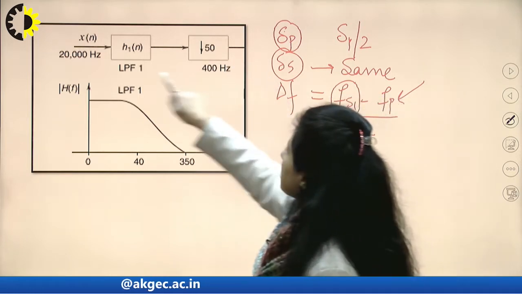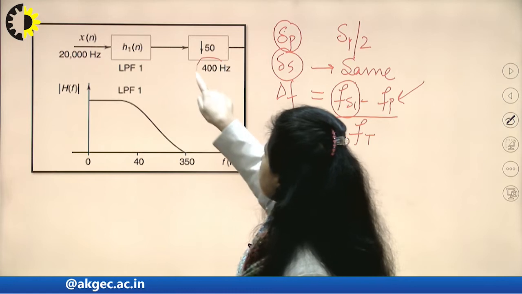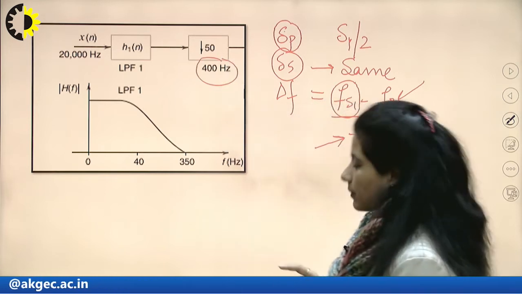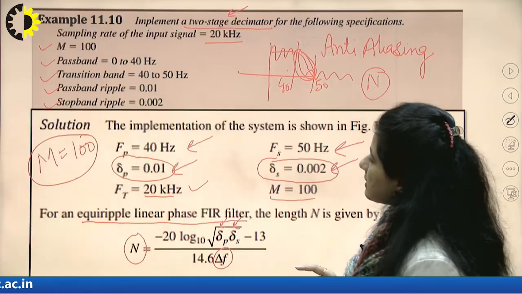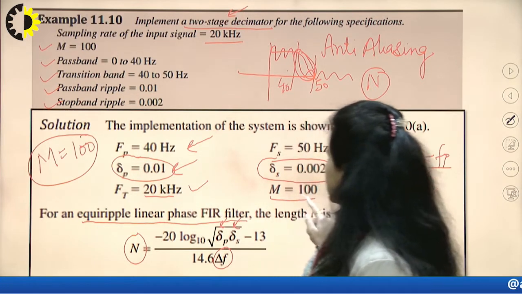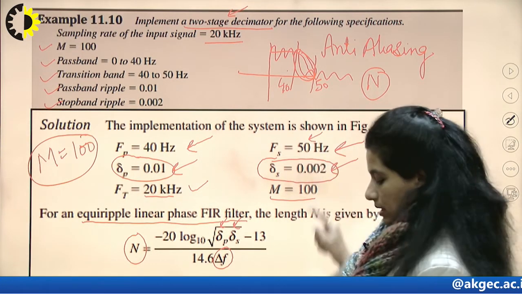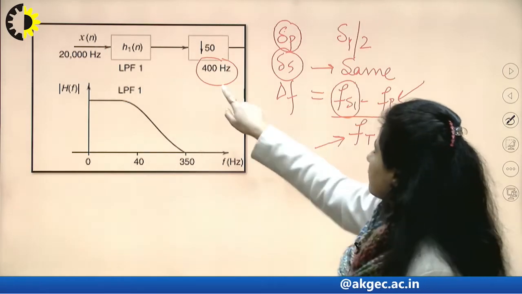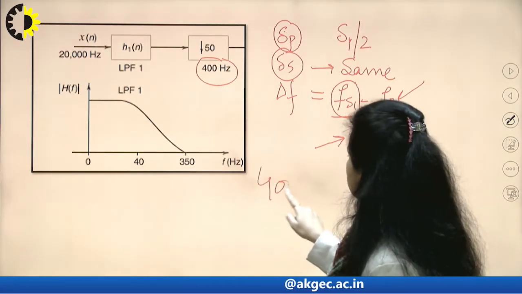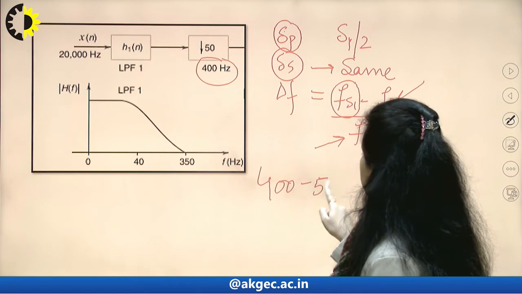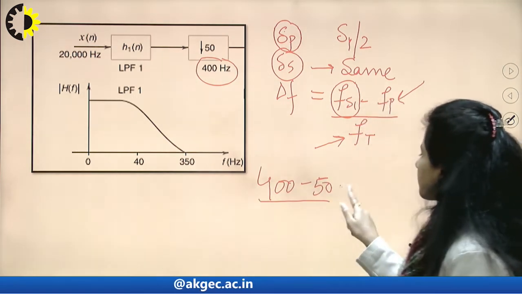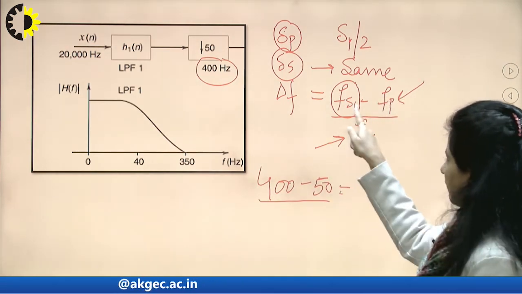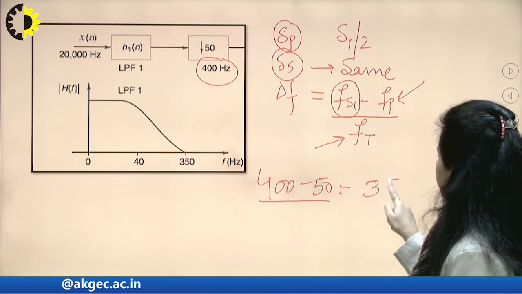But because the maximum output which I am receiving here is 400 Hz, and I see the stopband is at a frequency which is 50 Hz, so the maximum output is 400 Hz. For this 400, I would subtract 50, where my stopband is starting. So this frequency FS1 is 350.